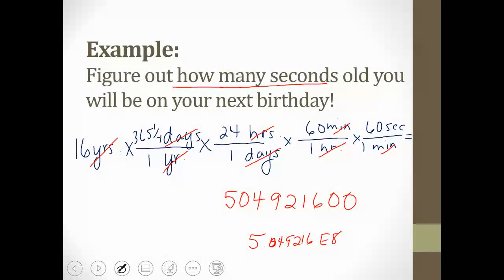So I had to make sure that when I converted it to standard form, that I had the right number of places. The only unit that remains is seconds. And so on your 16th birthday, you are 504,921,600 seconds old. So a little over halfway to a billion.